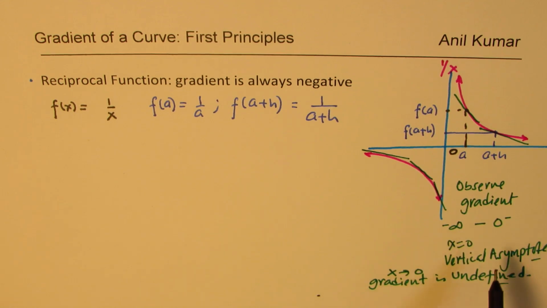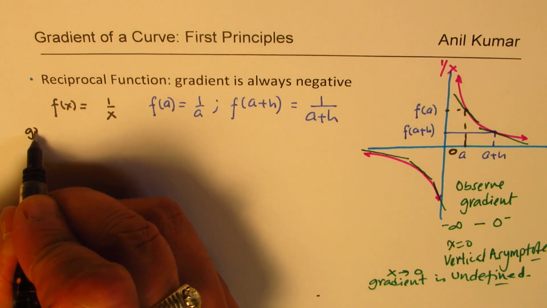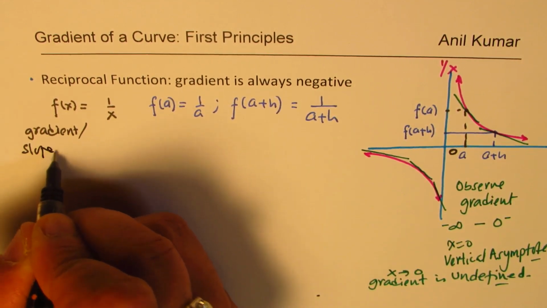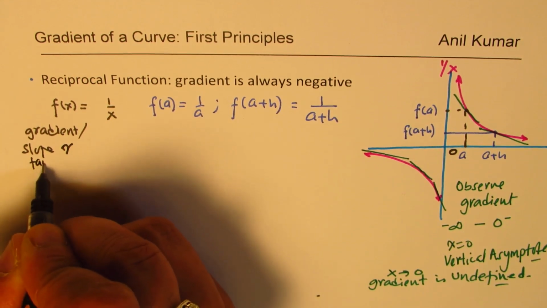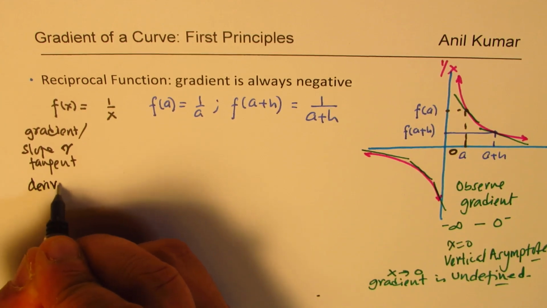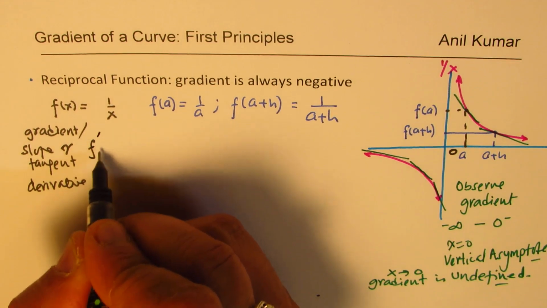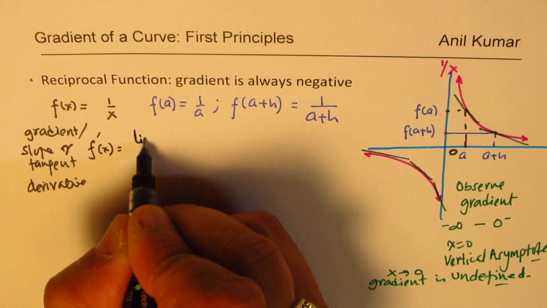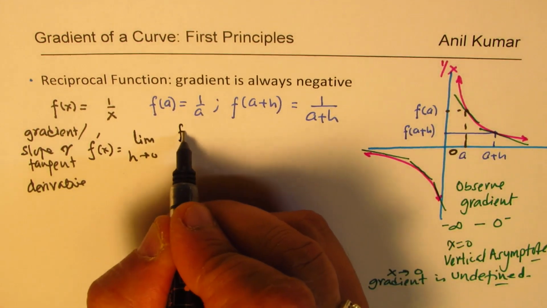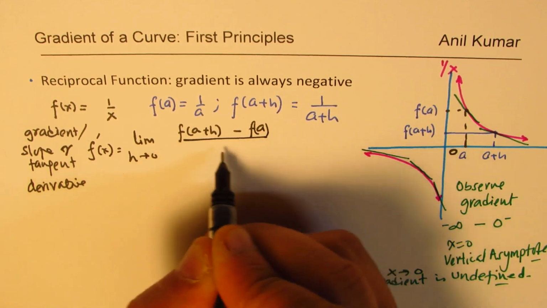Now, how do we show this mathematically? That's what we are going to look into. We say that the gradient, which we are also calling the slope of the tangent, and we'll soon call it the derivative, we'll denote by f dash x, which is the limit as h approaches 0 of f of a plus h minus f of a, over h.